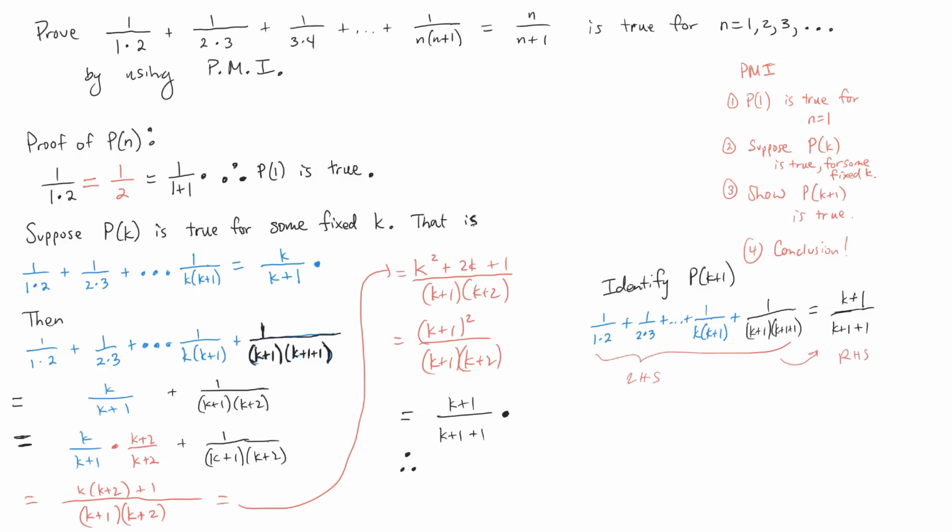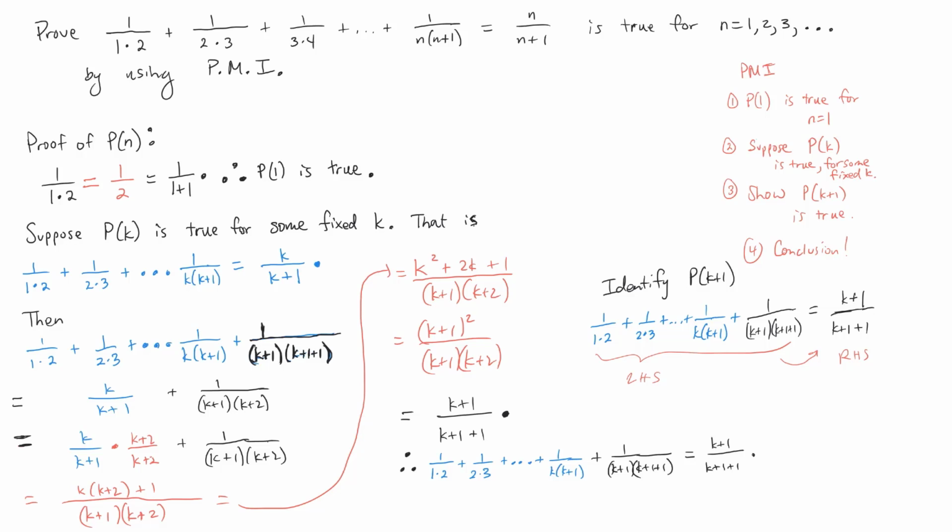Okay, therefore, 1 over 1 times 2 plus 1 over 2 times 3 plus ... plus 1 over k times k plus 1 plus 1 over k plus 1 times k plus 1 plus 1 is in fact equal to k plus 1 over k plus 1 plus 1.